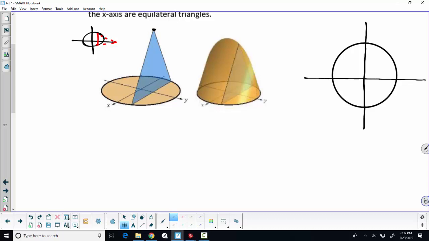So the cross sections are parallel to the x-axis. So let's just say this is one of our cross sections right here. So that's the setting that we're working within.